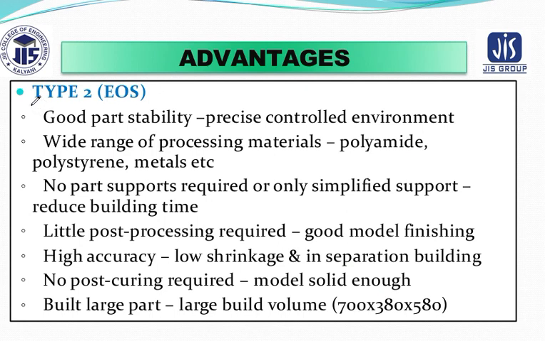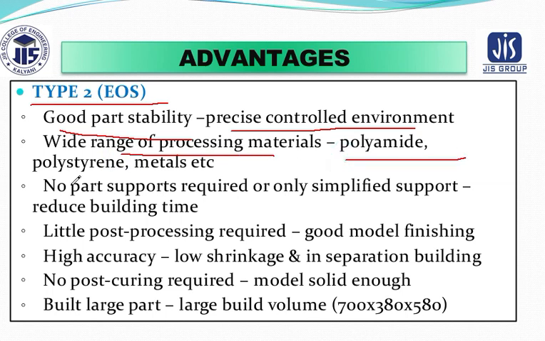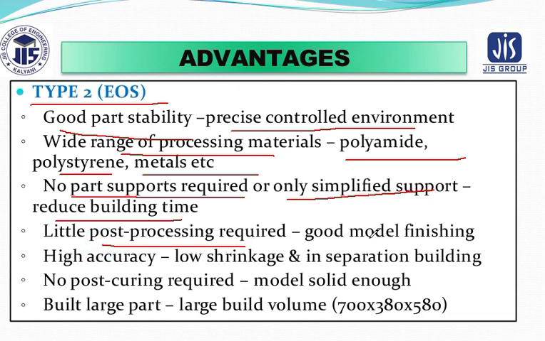Now if I have a look at the advantages of type 2 EOS, then it has good part stability, and precise environmental control, and a wide range of processing materials, preferably polyamide, polystyrene and metal. No part support is required, or only simplified support, which reduces the building time. If you provide a simplified support, then it will reduce your building time. And little post processing is required to obtain a good model finish.